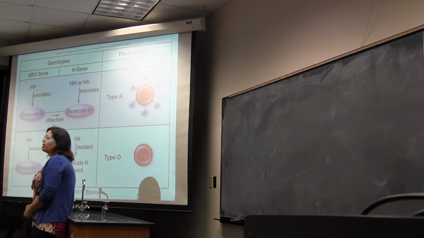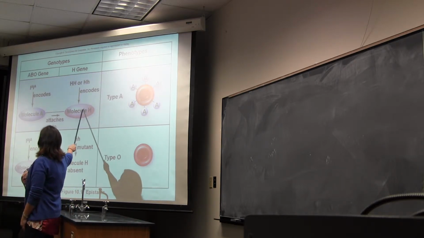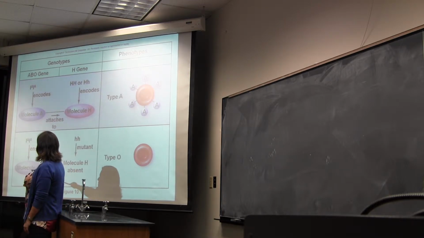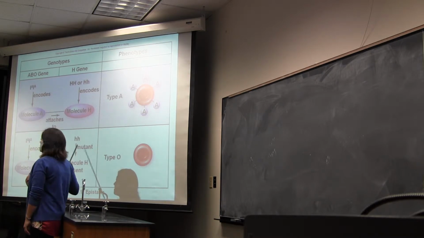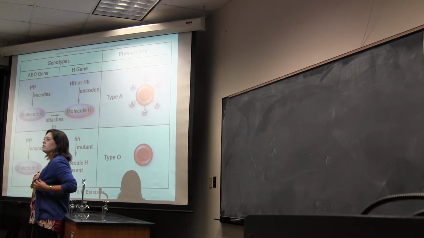So in other words, you're having two genes and you're going to require both of them in order to see the phenotype. But usually one of them is going to take precedence over the other. So in this case, it doesn't matter that it's coding for type A, because you're missing that molecule that's needed to attach it to the red blood cell in the first place.